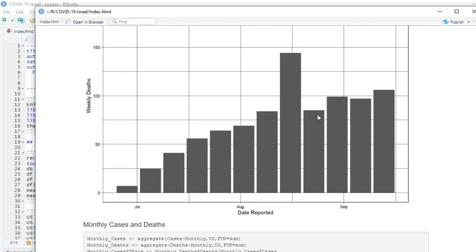So you had 75 here, slightly under 100, back above 100 here. So deaths are still a problem at 100 per week, I guess. Although the good news is cases are declining, so hopefully the deaths will follow that case decline at some point, and the deaths will be lowered back down.